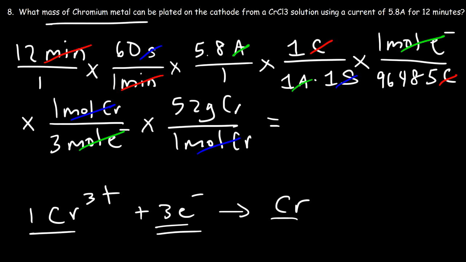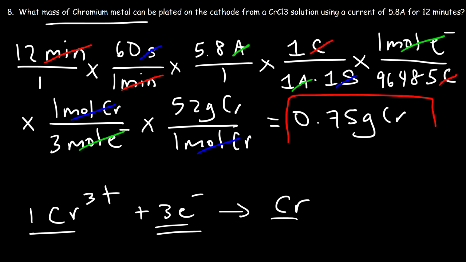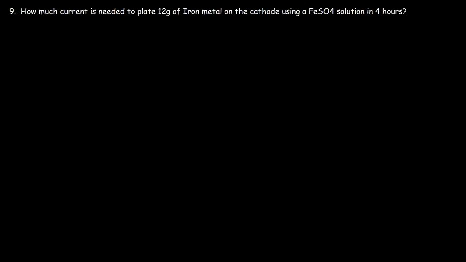So it's going to be 12 times 60 times 5.8 divided by 96,485 divided by 3, and then times 52. So 0.75 grams of chromium will be plated on the cathode. So that's the answer. Number 9.